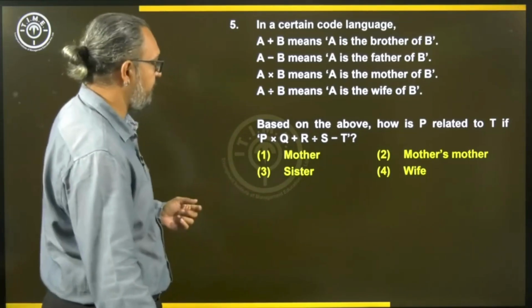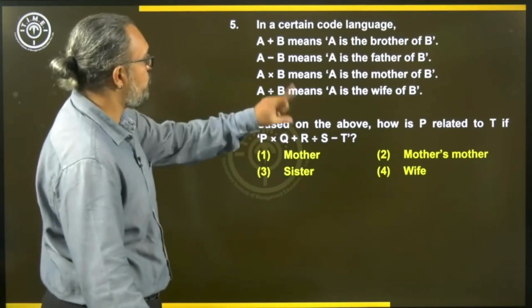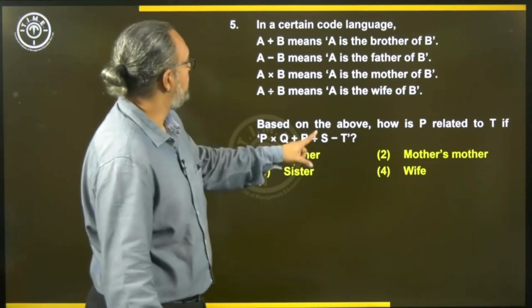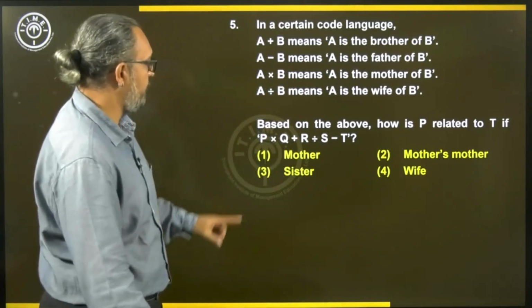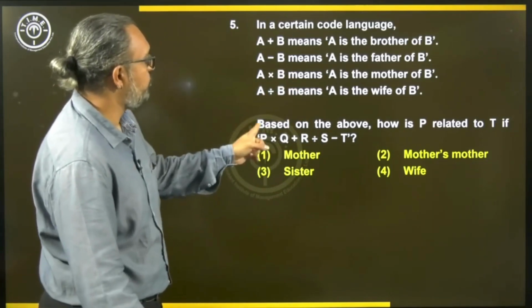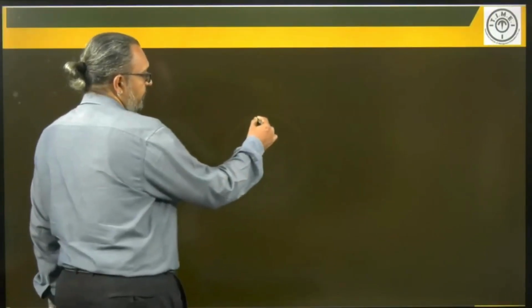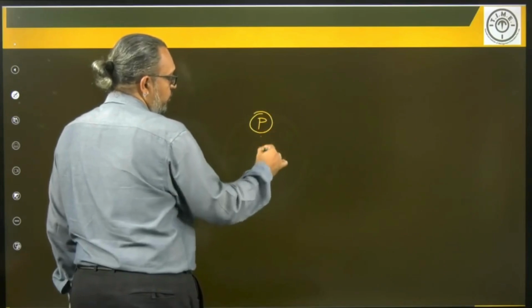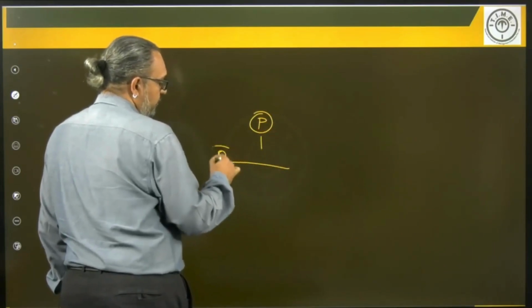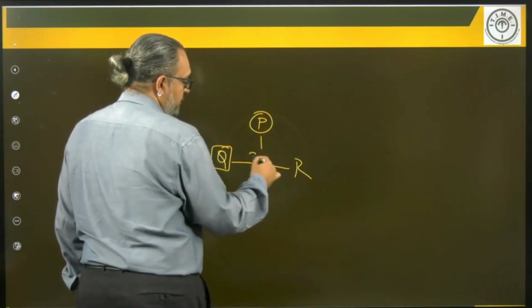Okay, so let's see. P into Q, into is mother, then Q plus R, plus is brother. So P is a mother to Q and Q is a brother to R. They are siblings.